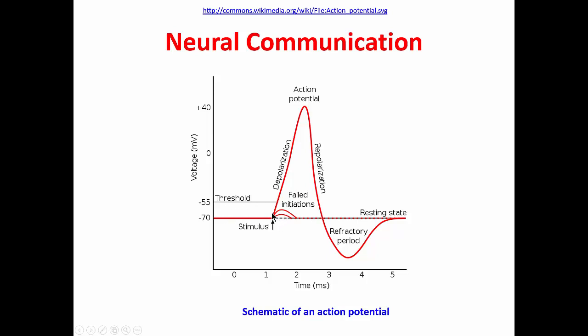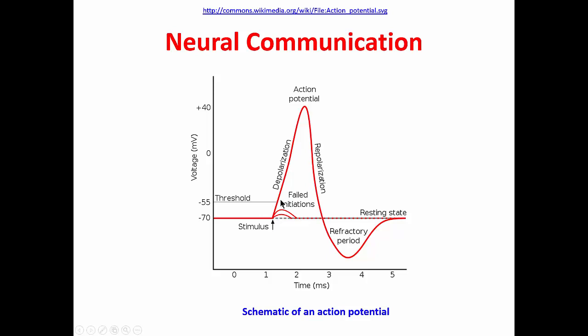Here comes another stimulus, perhaps, and we get yet another increase. We get a decrease in the negative value, that is to say it's less negative, and yet that still doesn't reach the threshold.